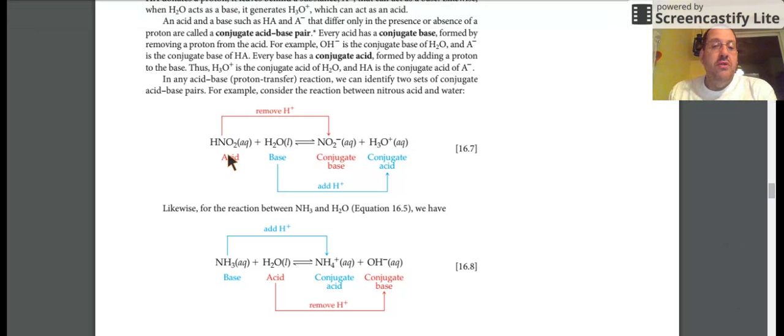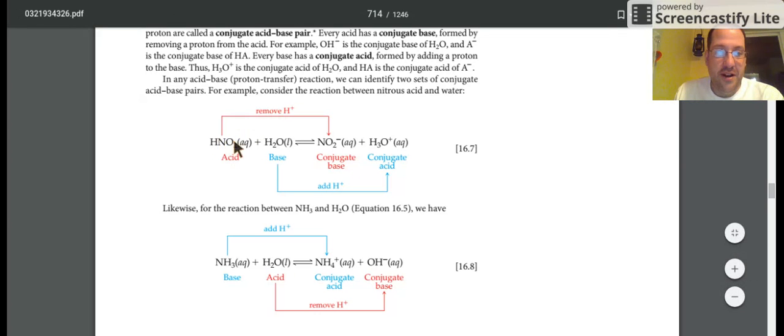But what you need to know from here is that you can identify the products. So when this HNO2, nitrous acid, loses a proton, it forms NO2 minus. That is its conjugate. Notice those two things are related.